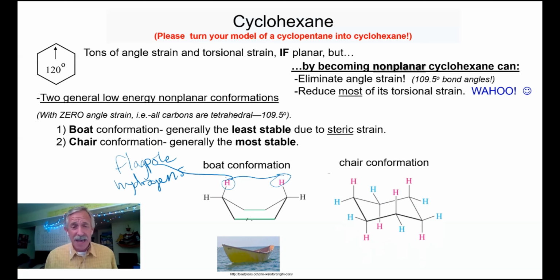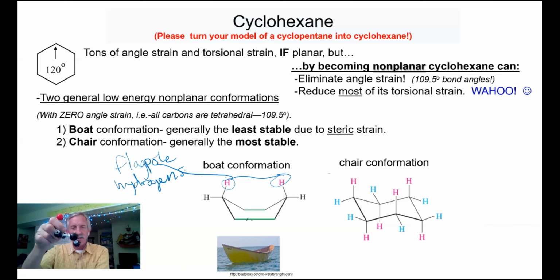A lot more hydrogens got filled into this structure, but what I really want you to see is that for a chair conformation, we have just taken the boat and taken this top end of the boat and left it as is, and then take this end of the boat and bring it not planar, but all the way down so that it is below the boat. It's like a sinking boat.